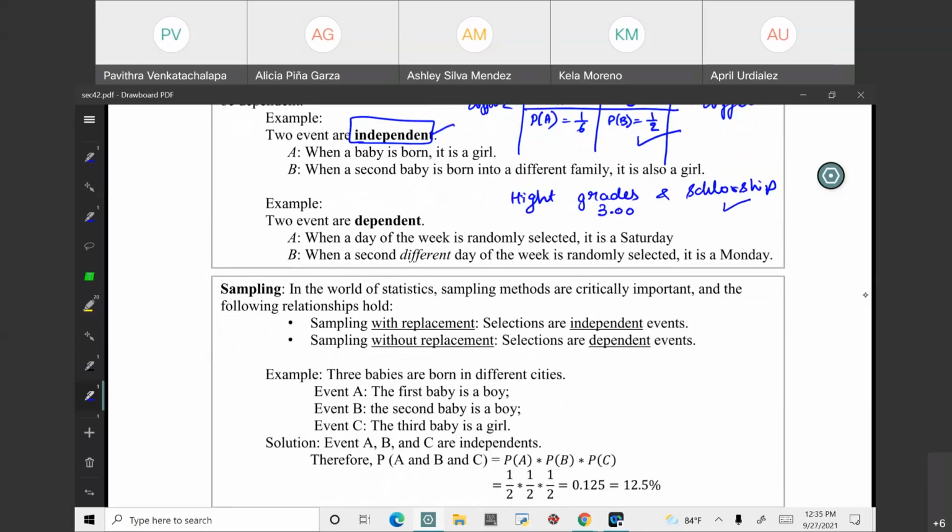Or if I say that the GPA is 1, there is no way you can get a merit scholarship, right? So the change in event A causes a change in event B. So those types of events are called dependent. Okay, that is independent and dependent.